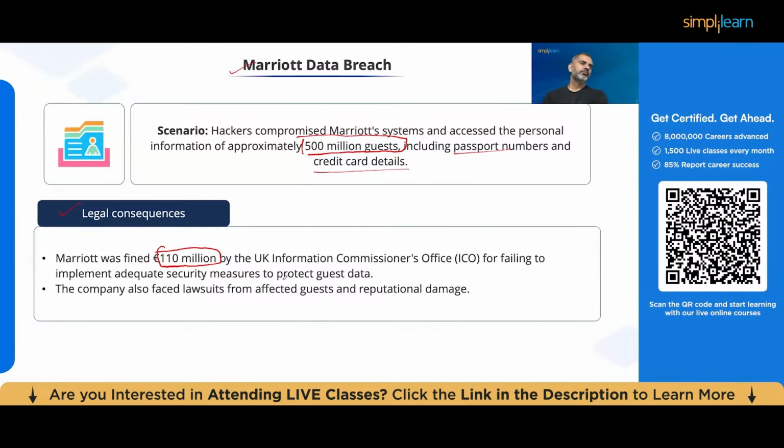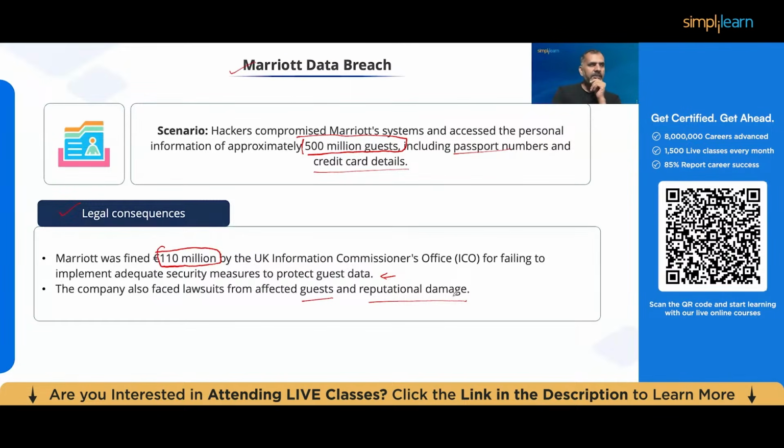Basically, you can say that a private data breach was there. The company also faced a lawsuit from affected guests, and reputational damage was there. So you can take these as use case studies where we have seen some big data breaches and misuse of personal data, and then legal consequences faced by these organizations.